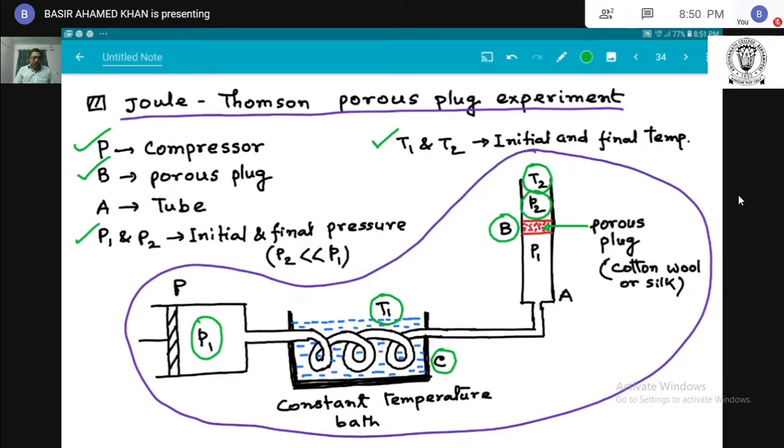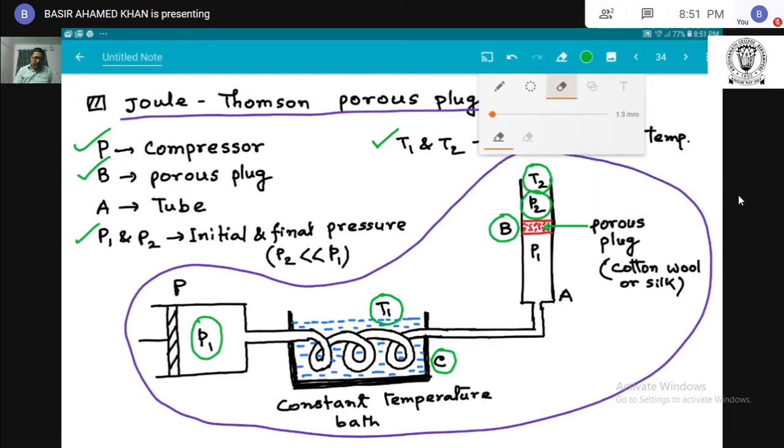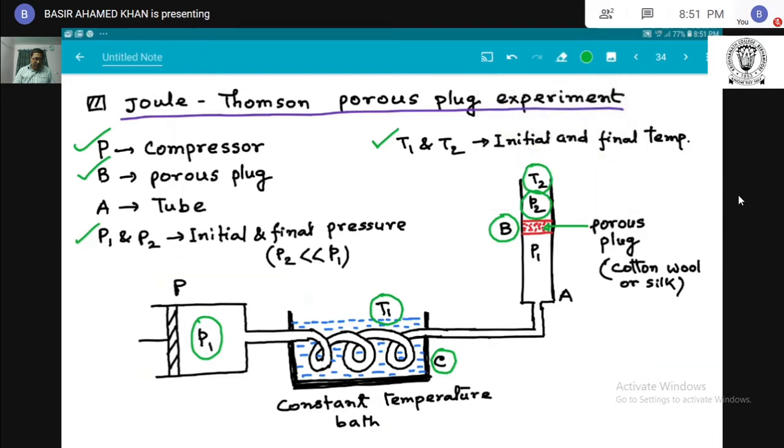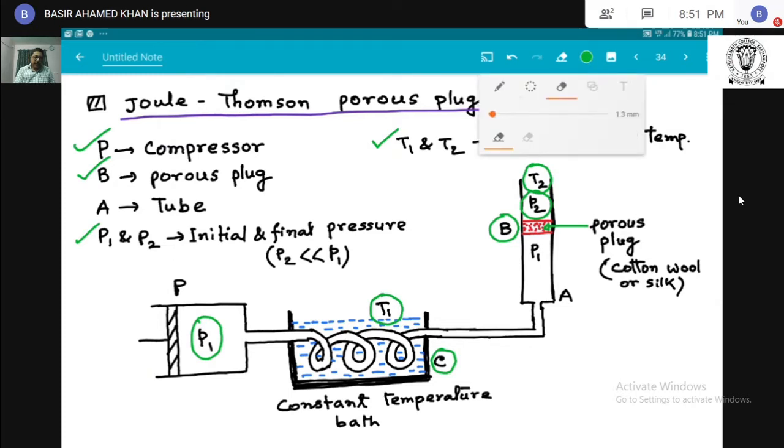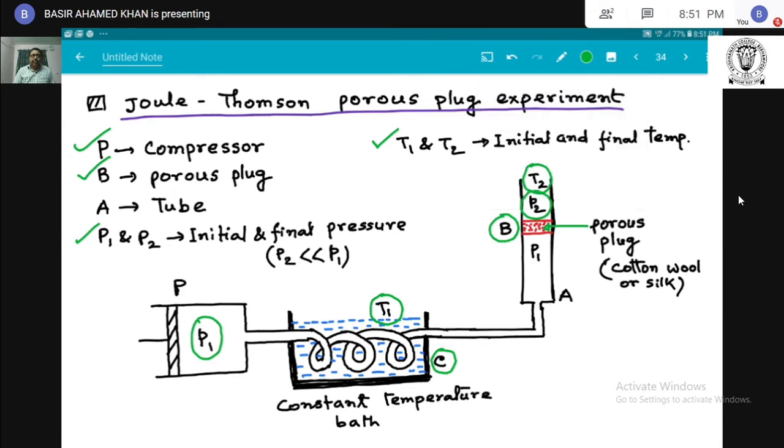Okay, now the process is that first the gas is compressed with pressure P1, and to fix the initial temperature at T1, the gas is passed through the constant temperature bath.